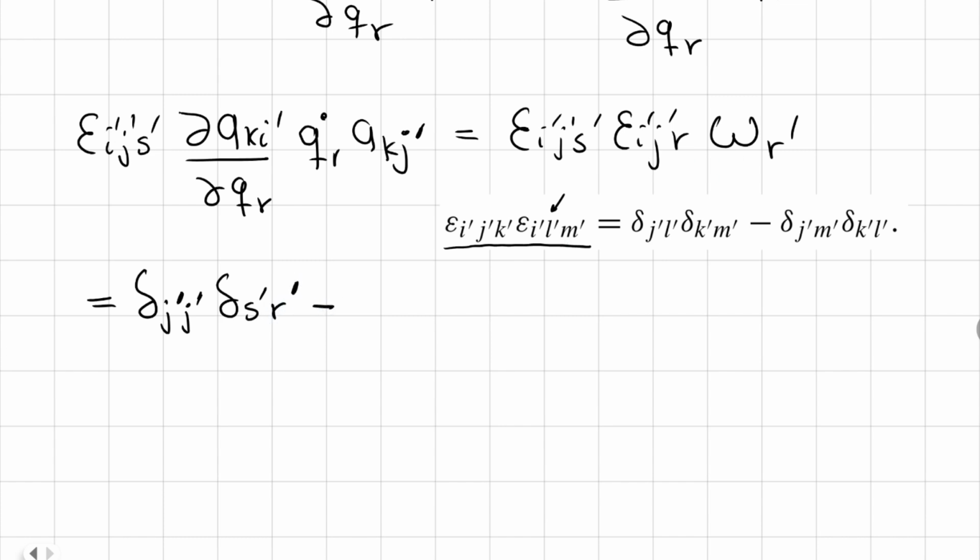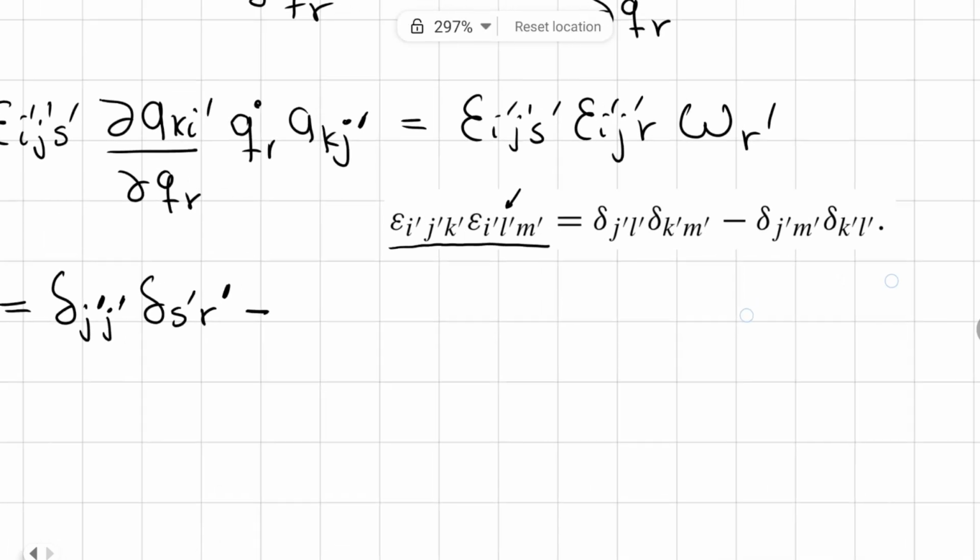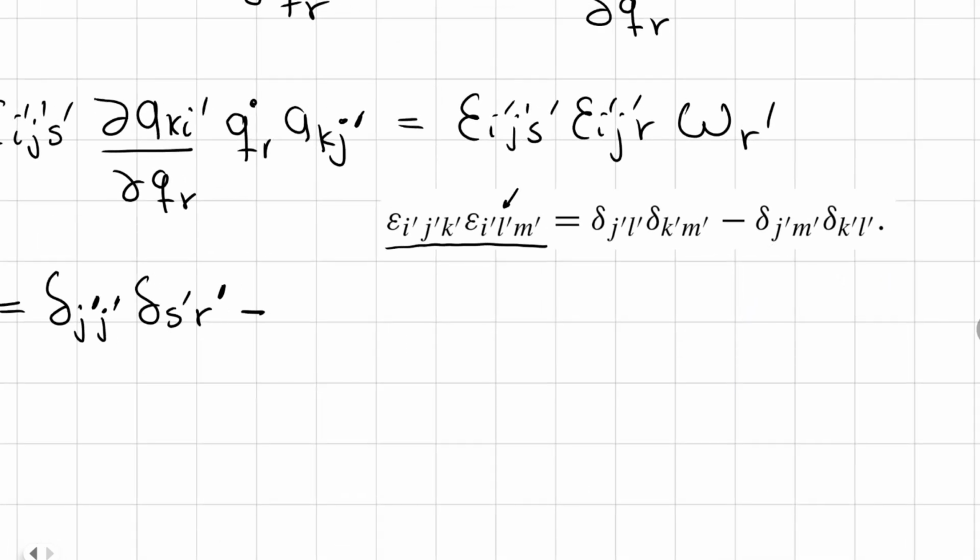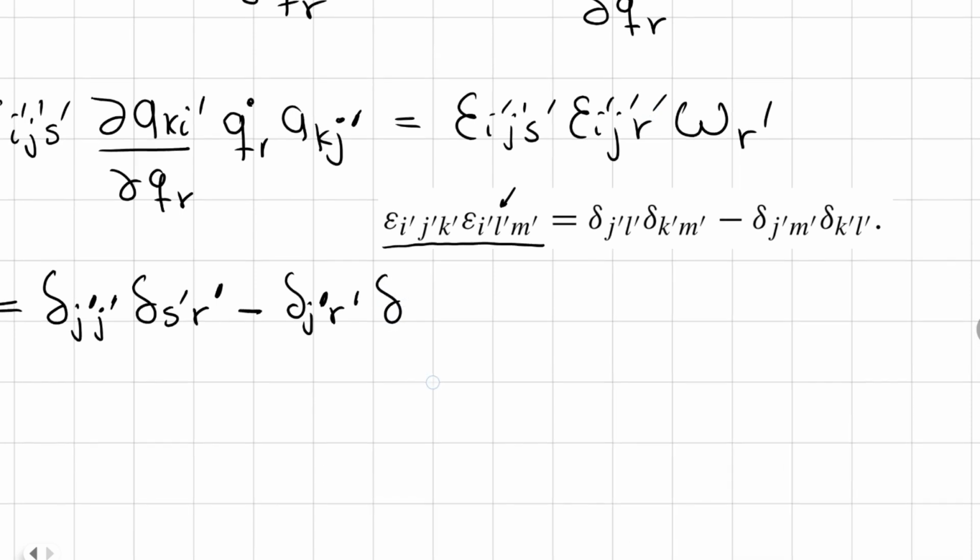And then minus, here we have a J, in our case also a J, and M, in our case the R, and I forgot the prime here, and then a Kronecker delta K, which is in our case an S, and the L, which is in our case a J.